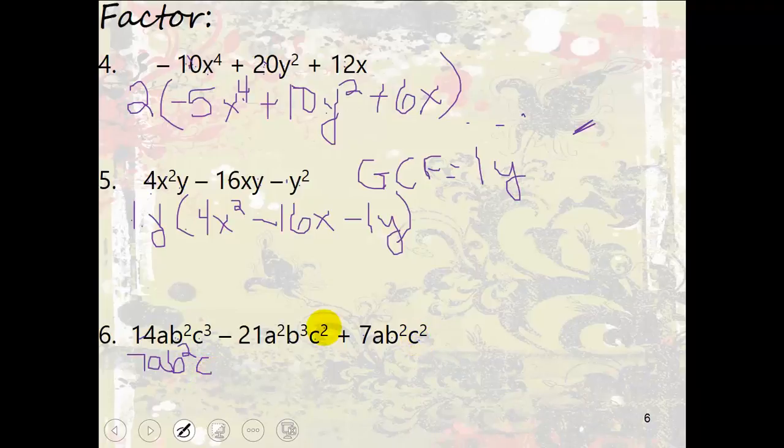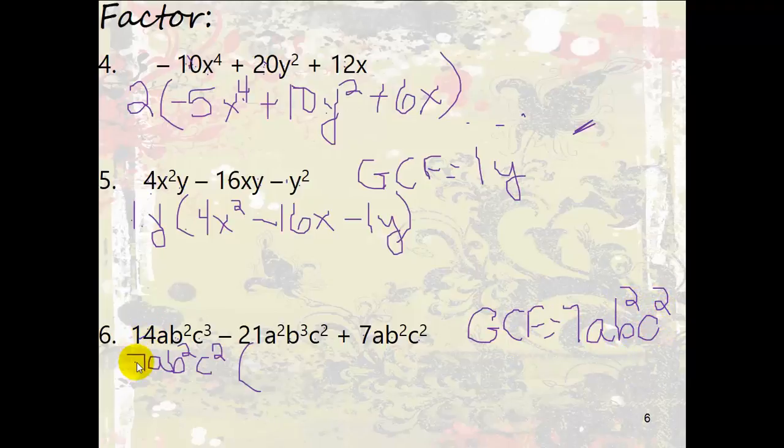All right, and I'm going to divide each term by my greatest common factor. 14 divided by 7 is 2. A divided by A cancels. B squared divided by B squared cancels.